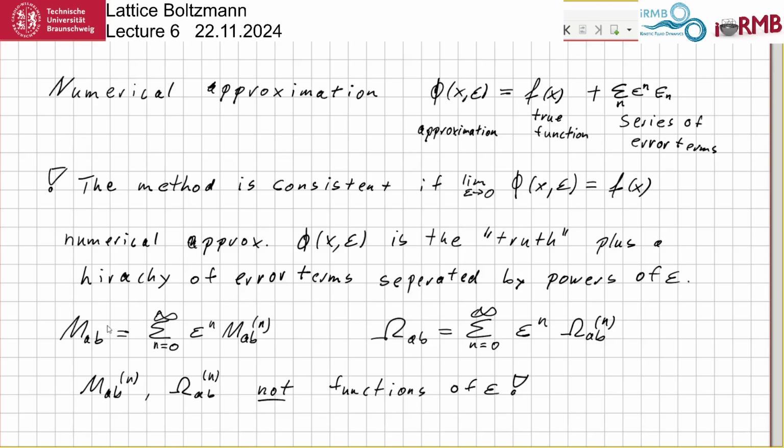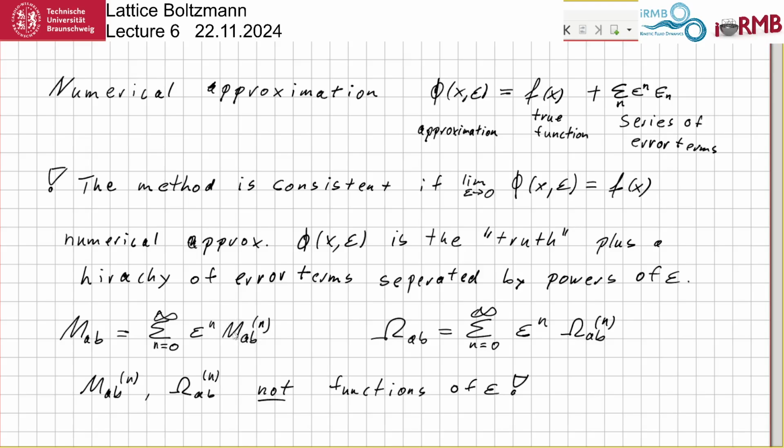depends, the result of your simulation depends on your smallness parameter, on your grid spacing, obviously. So we put all this dependence in the series expansion, such that the coefficients themselves do not depend on epsilon. Because you could always write anything.